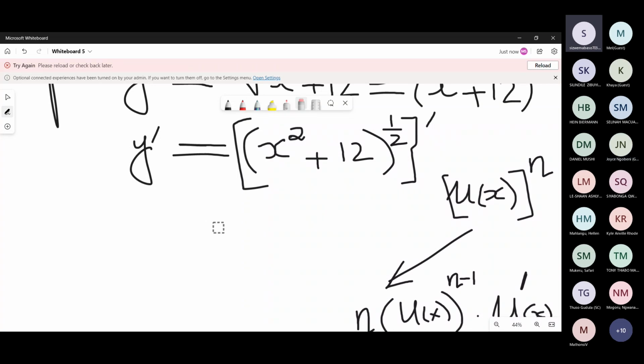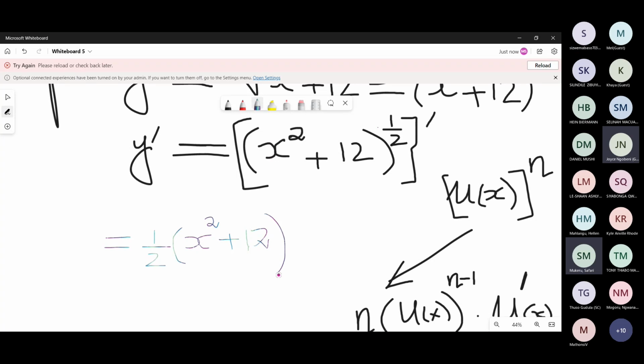It's going to be half. Yes, this half comes down, right? Half, multiplied by x squared plus 12, close bracket, to the power of half minus 1.